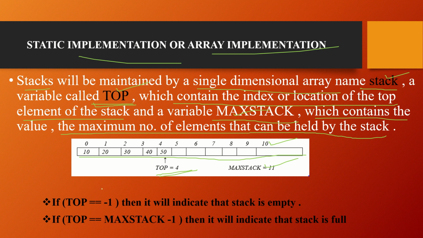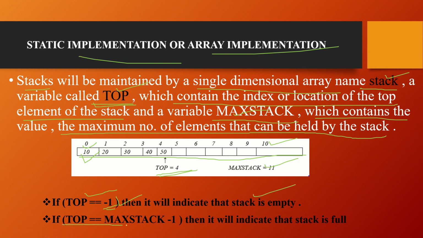When the stack is empty, top is equal to -1. Why not when top is 0? Because in C there is a 0 index, and we have one element placed at index 0. So when the value of top is -1, we indicate that the stack is empty.